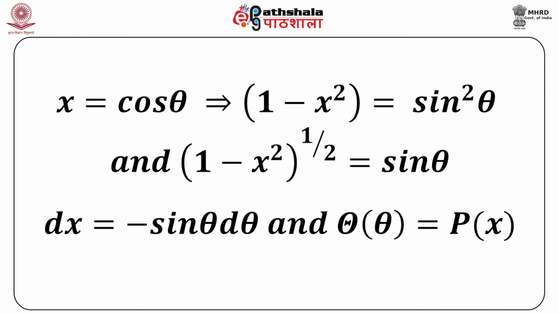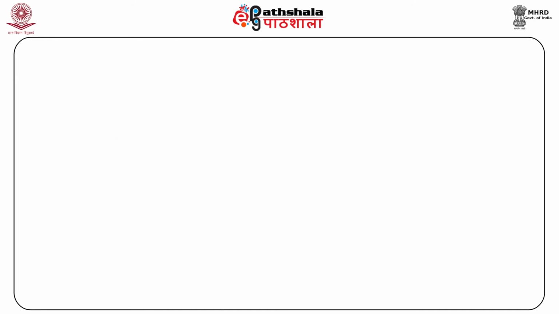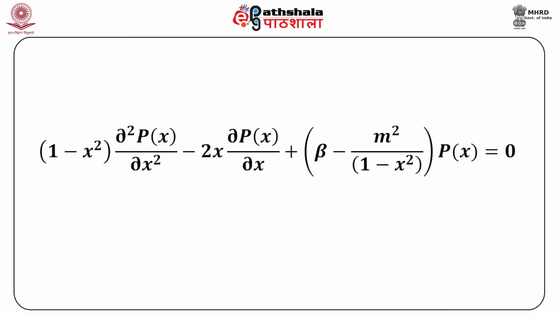If we make all these substitutions in the theta equation and further simplify it, ultimately we get this equation: 1 minus x squared d2 P by dx squared minus 2x dP by dx plus beta minus m squared upon 1 minus x squared, whole parenthesis closed, P(x) is equal to 0.